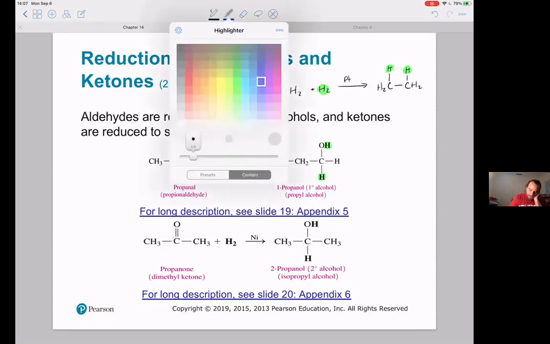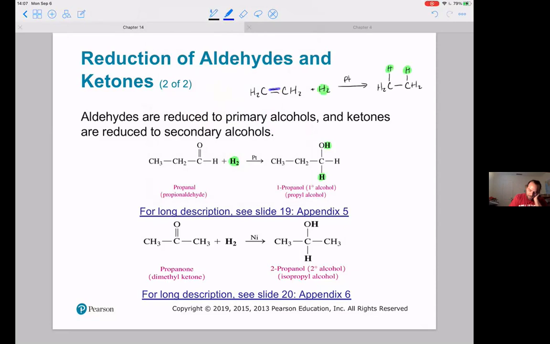We had a double bond that was broken. This time it's a carbon-oxygen double bond that's being broken, and a hydrogen is being added to either side of that double bond, one to the oxygen and one to the carbon. Okay, so this would be a reduction reaction. And again, if we were to go the opposite direction, that would be oxidation, right? So they're inverses of one another.